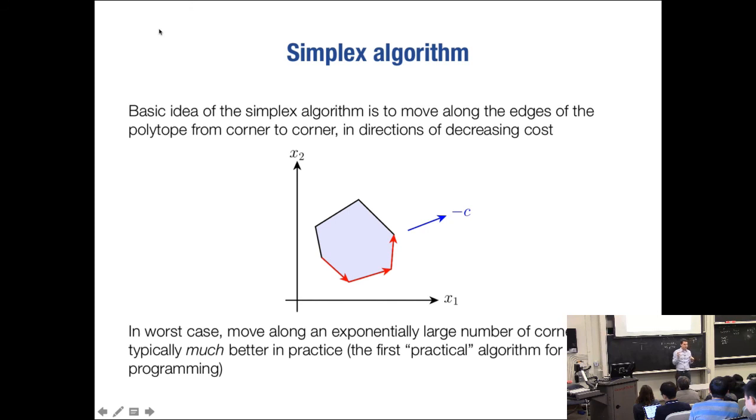Even though the simplex in the worst case is also exponential, so you can come up with really nasty cases where you have to take all possible steps, in general it's incredibly fast, usually on the order of n steps or some multiple of n. So these things work very well in practice. However, they are not technically polynomial time. There's a whole other class of algorithms that actually are polynomial time, but it is not the simplex.